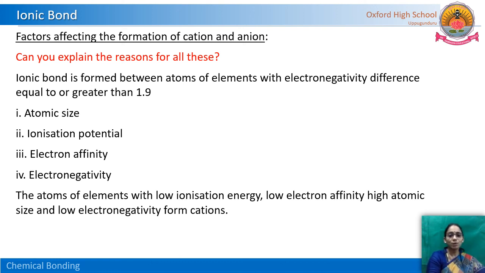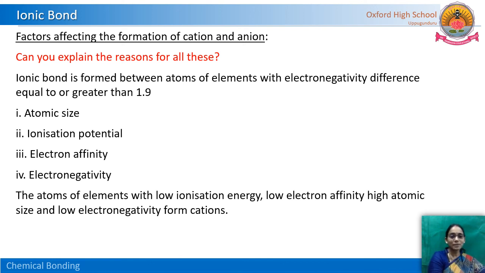Similarly, ionization potential. Do you remember the definition? The energy required to remove an electron. And electron affinity, the energy released, right? The energy released when an electron is added. These two are opposite.